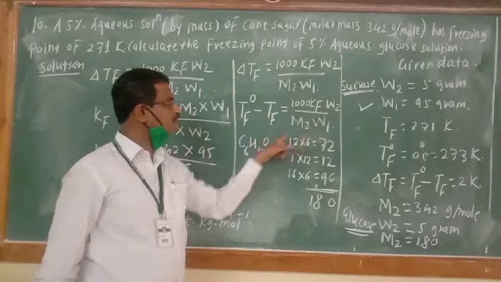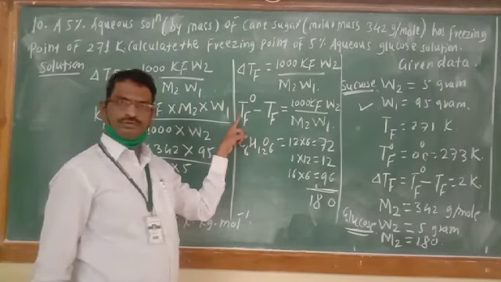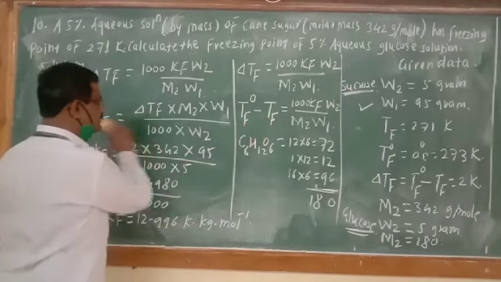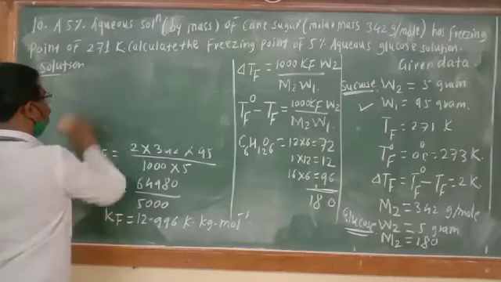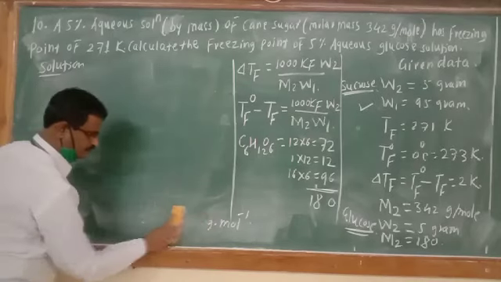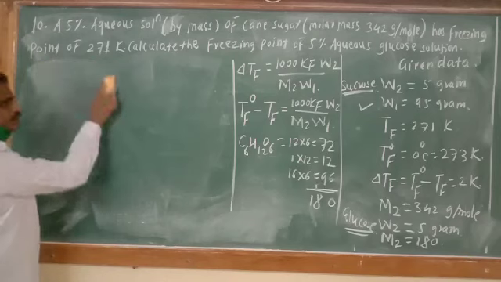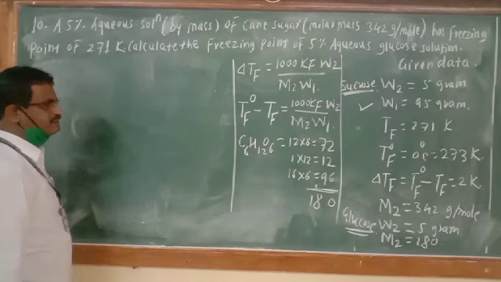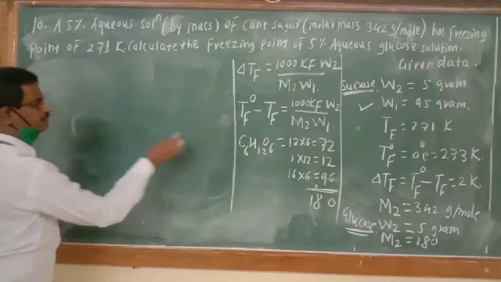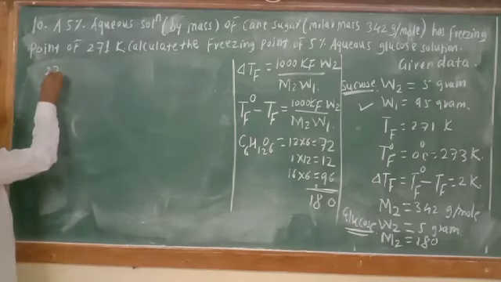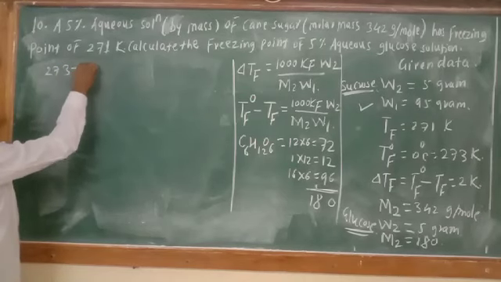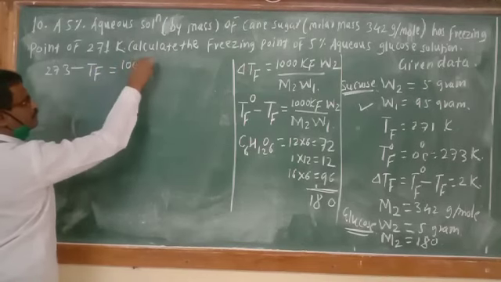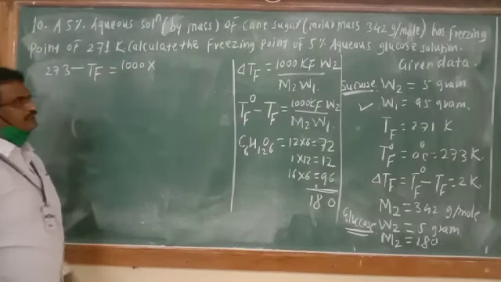Now all these facts we know. Tf0 is also known, so we can calculate the value of Tf like this. See the substitution and calculation of the answer. Tf0, 273 minus Tf, this we have to calculate, equals 1000 into, what is the value of Kf?